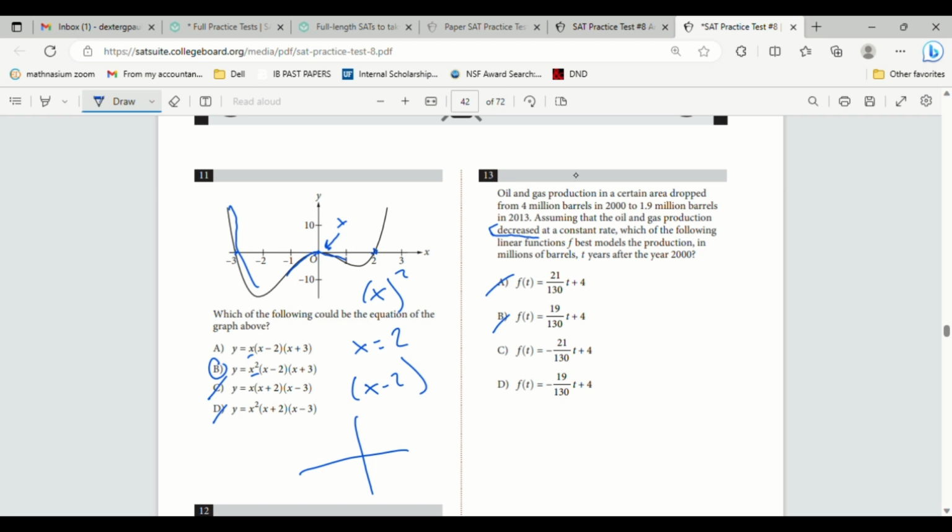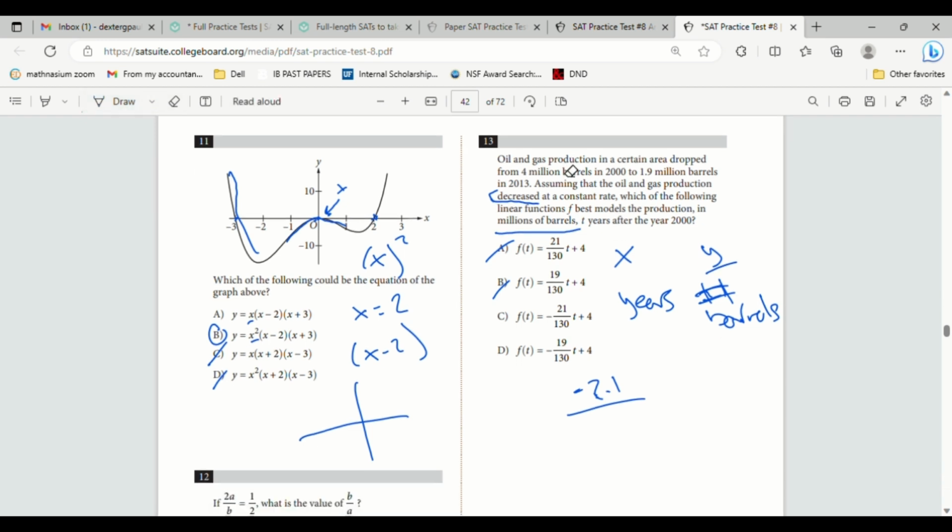So for example, our x has to be years, because it's what affects number of barrels. So we have the change in number of barrels, so from 4 million to 1.9 million, that's negative 2.1 million. And I'm just leaving it as negative 2.1 because the function said best models f in millions of barrels, so we don't have to put millions, we just put the number.